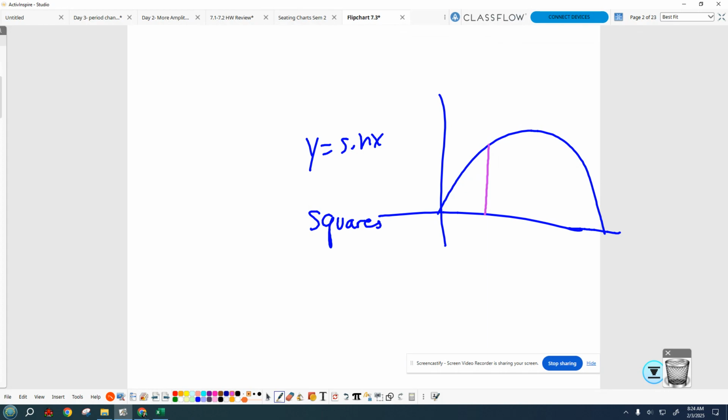Is the square going to be the same size no matter what cross-section I take? No, it's going to change. So there's that square, and there's that square. There's a little square. What is the overall solid going to look like?